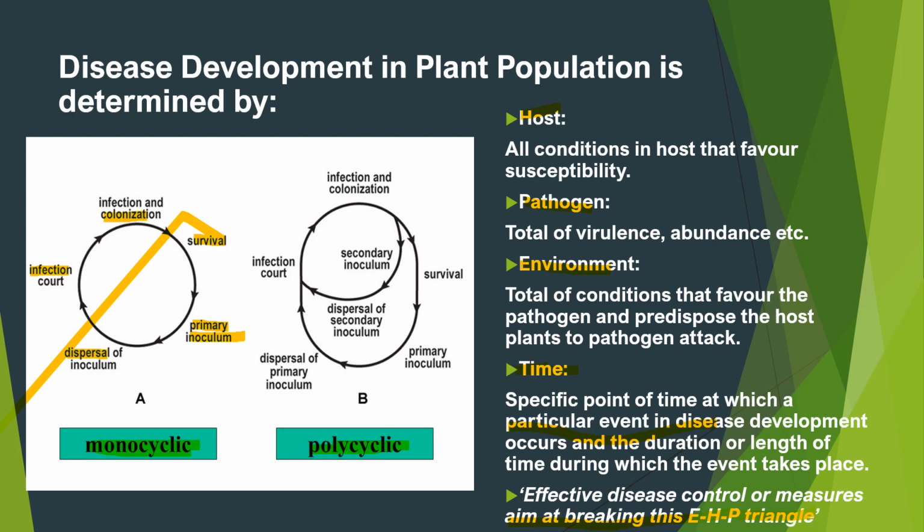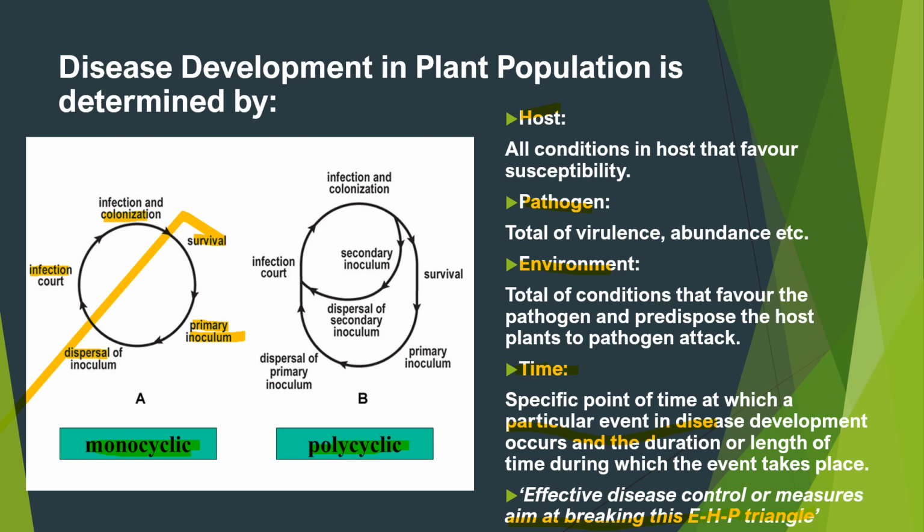What happens is the primary inoculum reaches the plant, then it is dispersed, and then infection takes place, with infection and colonization of the plant. Then secondary inoculum is produced and dispersed, and it causes another cycle of infection. So this is the difference between monocyclic diseases and polycyclic diseases.